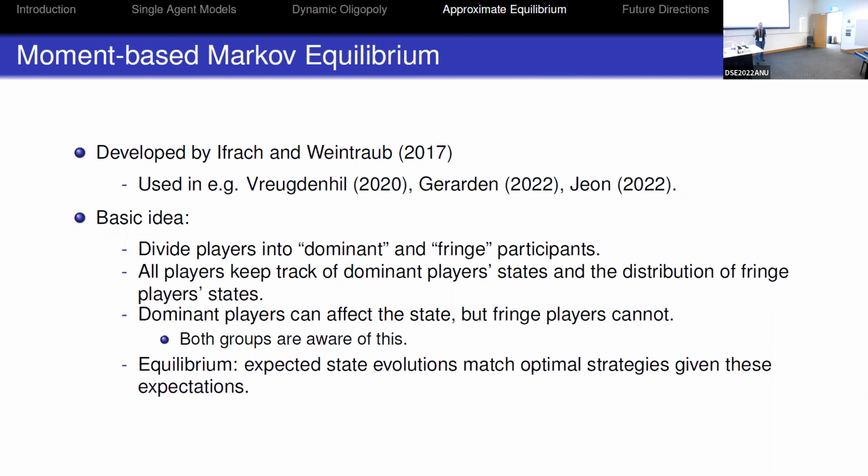Dominant players can affect the state, fringe players can't, or not intentionally, not actively. Both groups are aware of this, right? It's sort of important. And the equilibrium is just the expected state evolutions match optimal strategies given these expectations, right? Again, I expect something to happen, and that actually is what happens, ends up being the equilibrium.